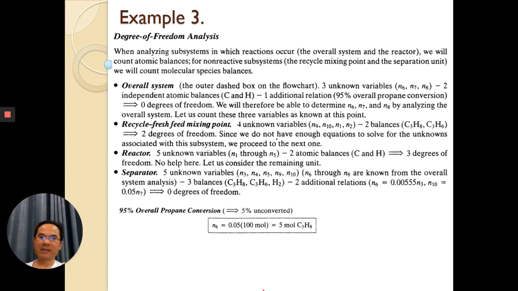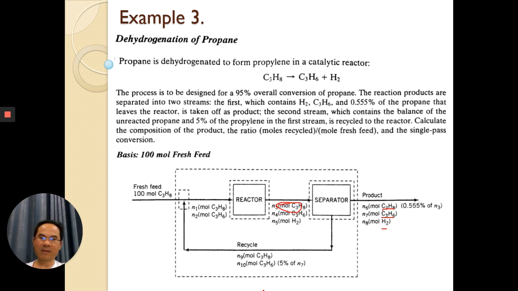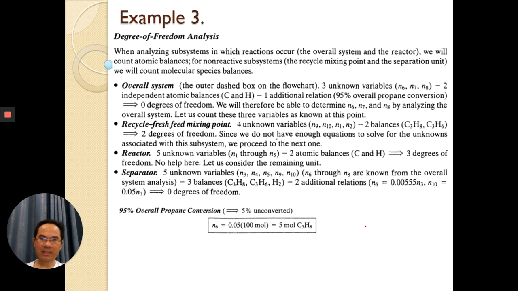Okay, for this case, if you consider the overall balance, you count the number of unknowns. We have N6, N7, N8, so 3 unknowns.